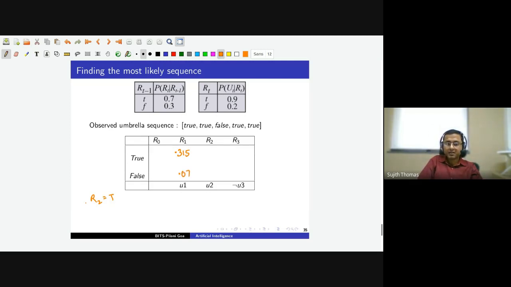And we will repeat exactly the same thing with R1 is equal to true and R2 is equal to true. So now basically we are finding the maximum possible probability for all sequences that end with R2 is equal to true. So the previous sequence might either end with R1 is equal to true or with R1 is equal to false. And for both these possibilities, we will find the probability and pick the maximum among the two.